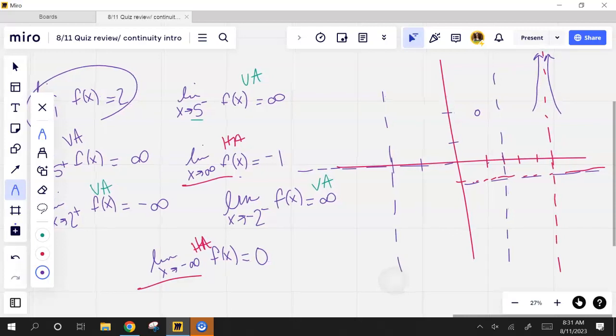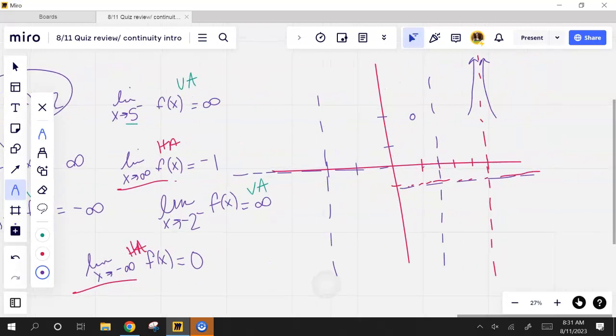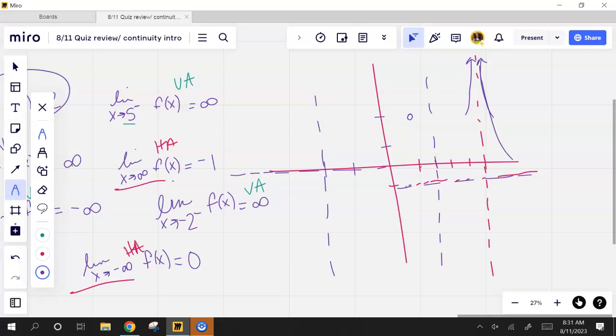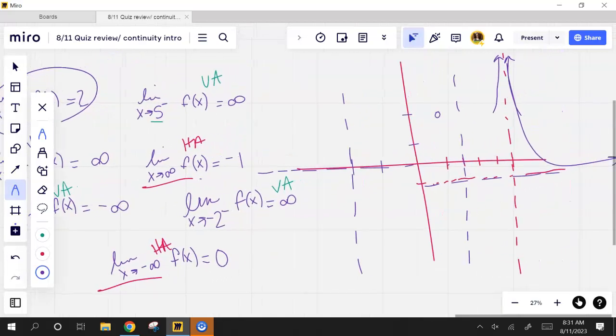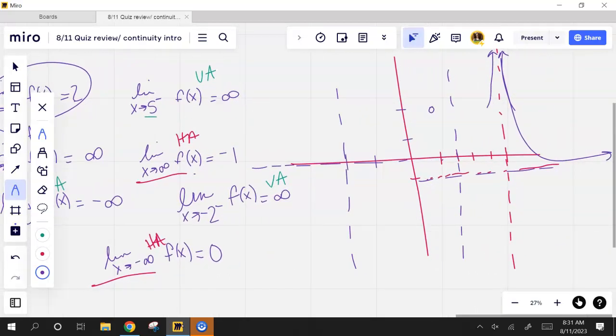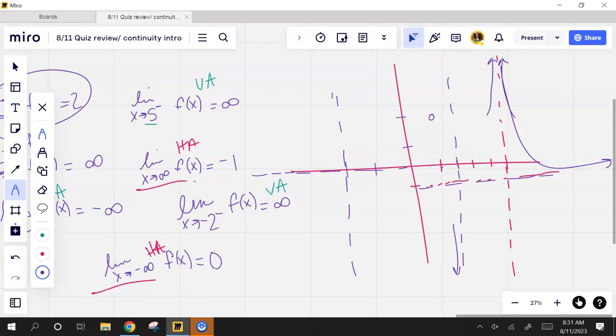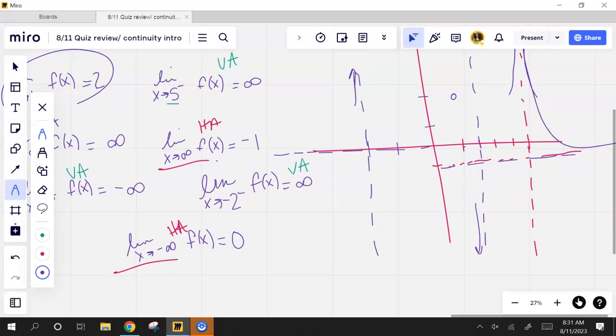As I approach infinity, so as I move to the right, it's approaching negative 1. 2 from the right is going down. Negative 2 from the left is going up. Horizontal asymptote at 0 as I come in here and do this.